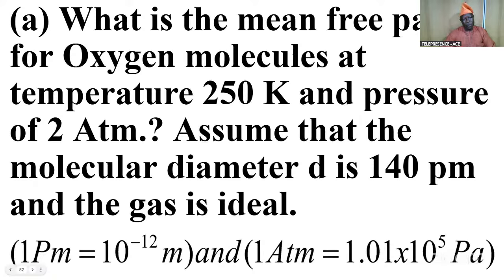The first thing to note in this question: when the temperature is given in Kelvin, you may not worry. To remind you again, the AMS 103 will start as soon as I stop. So be prepared for that.